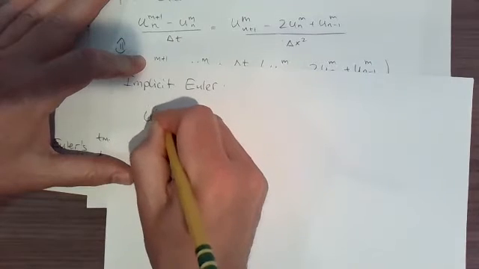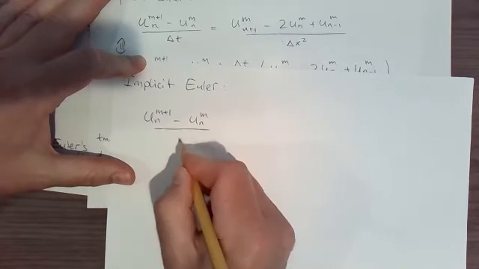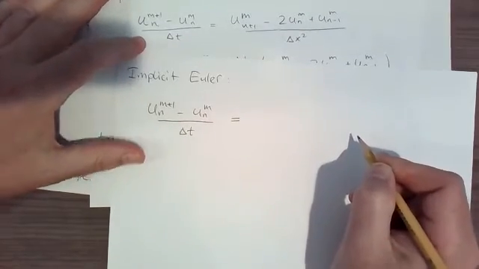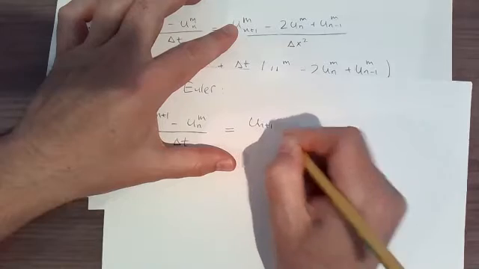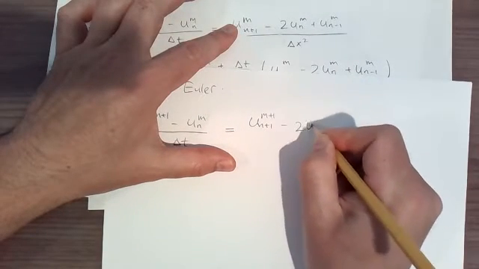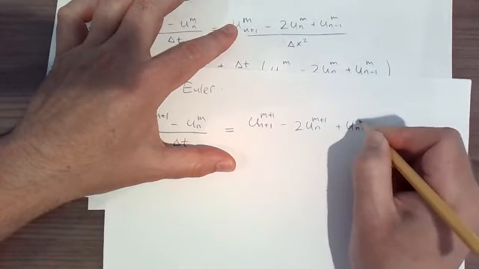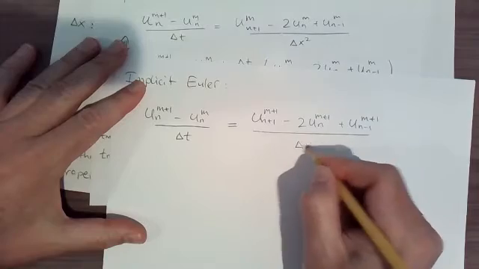I'll have (u_n^{m+1} minus u_n^m) divided by delta t. It's going to be exactly what you had before, but now it's going to be m plus 1 up here: (u_{n+1}^{m+1} minus 2 u_n^{m+1} plus u_{n-1}^{m+1}) divided by delta x squared.